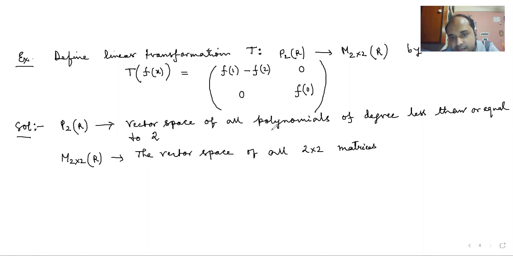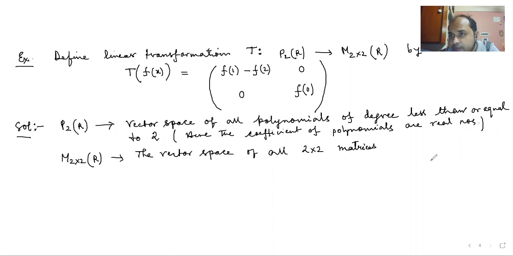Here the coefficients of the polynomials are real numbers. Those who have not done problems of sections 1.2 and 1.3 will not understand what I am saying right now. If you have done the problems in the earlier sections, then only will you be able to see what I mean.